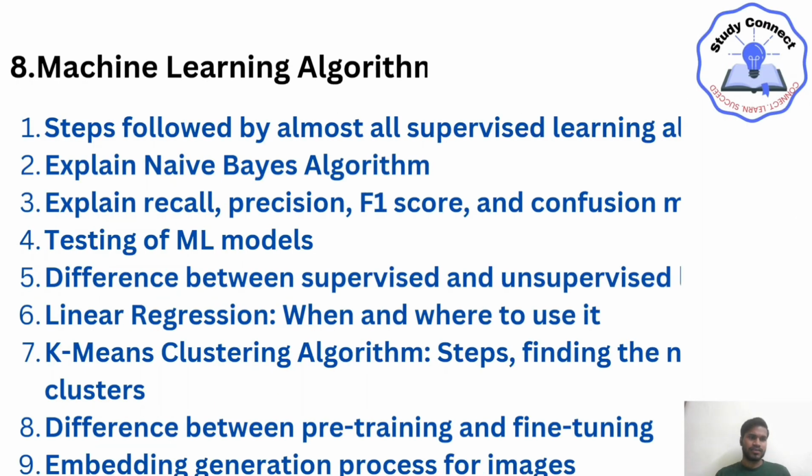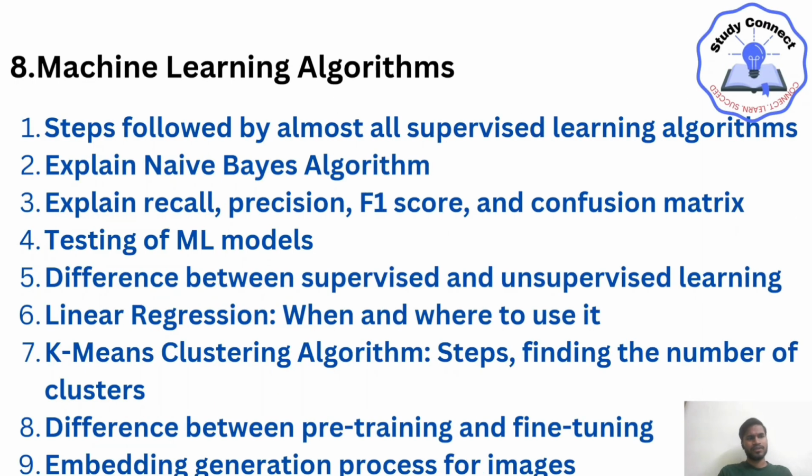Coming to the next section, which is machine learning algorithms. In this, there are a few important questions like: steps followed by almost all supervised learning algorithms. What are these steps? Explain in brief. Explain Naive Bayes algorithm. Explain recall, precision, F1 score, and confusion matrix. These can be asked on a data set.